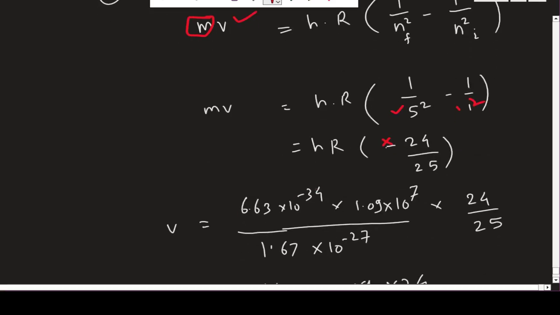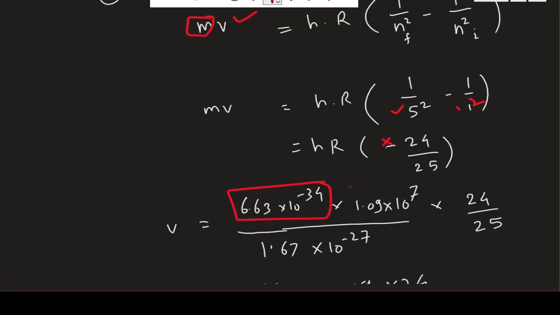The next thing is we are plugging in these values of the Planck's constant and Rydberg constant. These are the values. They are supposed to provide these values in the JEE Mains exam, so you don't need to remember them. Then into 24 divided by 25, and over here we have got the mass.